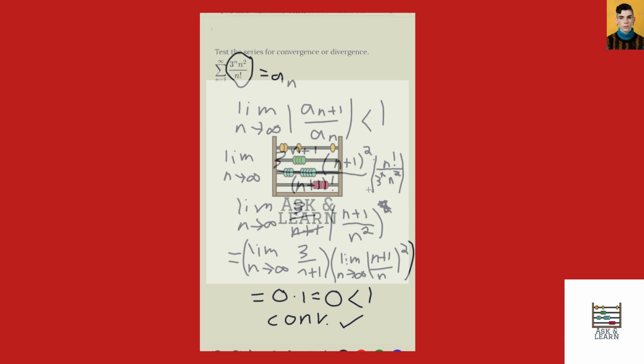Or you could use the trick where you divide both the top and the bottom by n squared, and then take the limit on top over the limit on bottom. So there are a few different approaches you can use here, but you should end up with this thing approaching 0. And again, it doesn't need to go to 0. We just need for it to be less than 1. So if it's 0, then we certainly accomplish that and we get convergence.